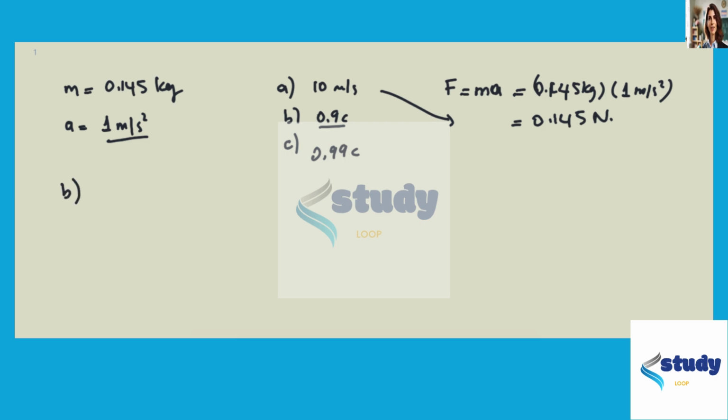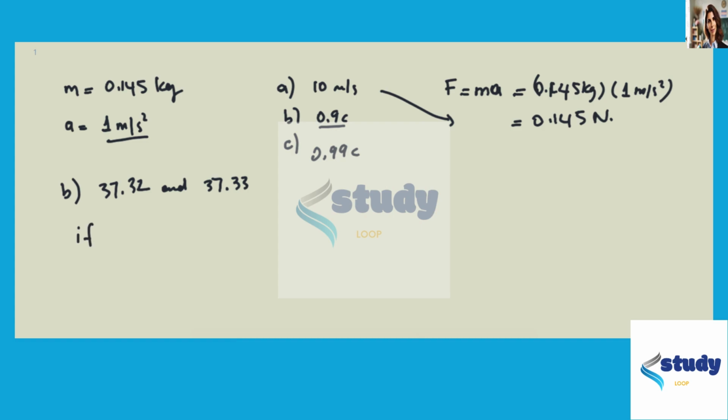When that's the case, in your textbook, you can find equations 37.32 and 37.33. You're going to figure out that the relativistic force depends on whether the acceleration is in the direction of the velocity vector or perpendicular to the velocity vector. We have different equations for each.